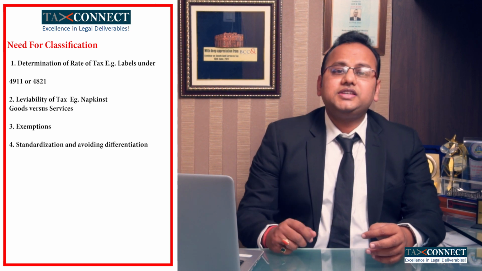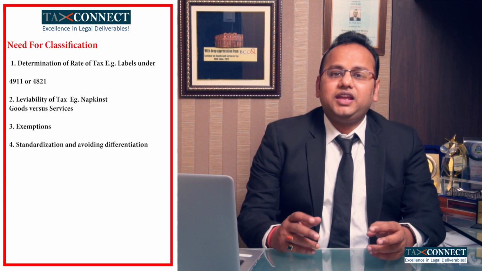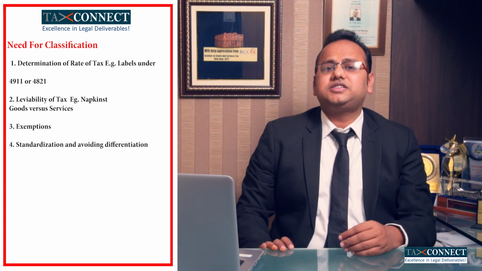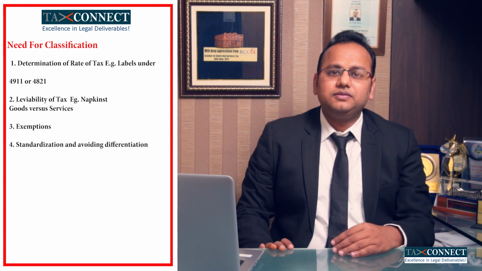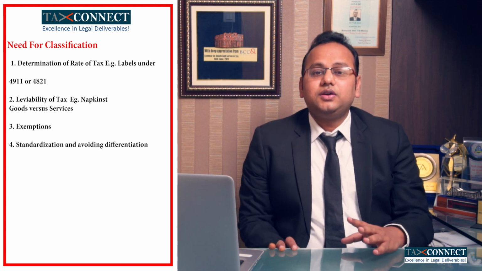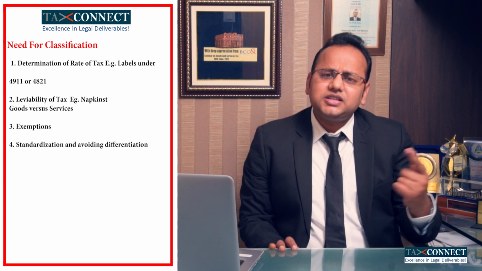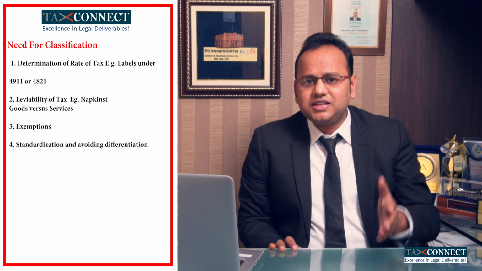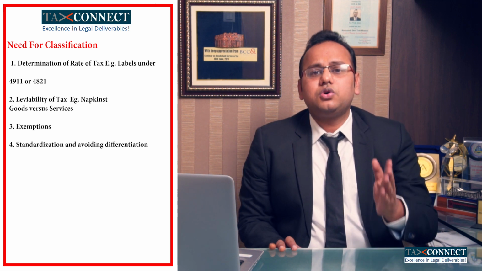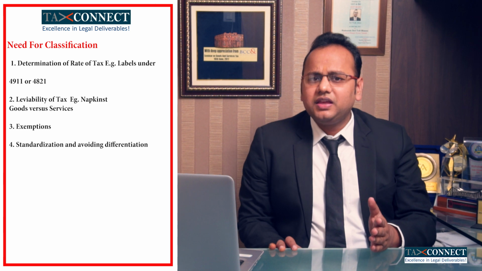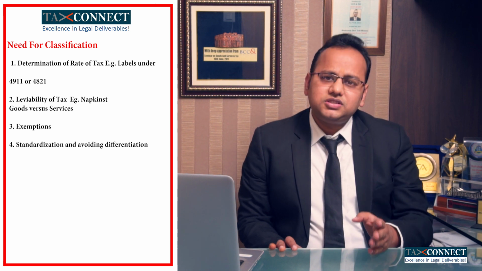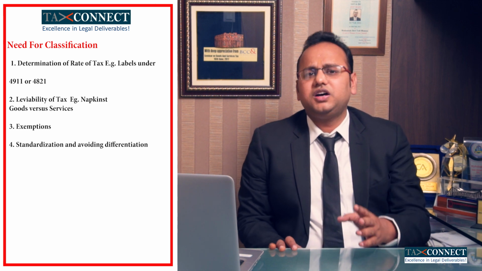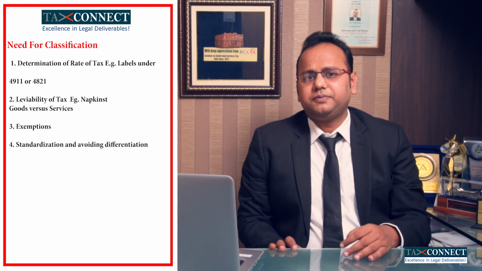Now the revenue's contention is that in 95% of the cases this solar power generating system is not dismantled. That does not matter. What matters is, can it be dismantled without being destroyed? The answer is yes. If yes, then it is a solar power generating system classifiable as goods under chapter 84 of the Tariff Act.